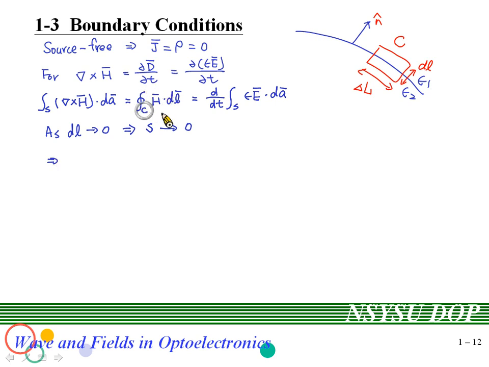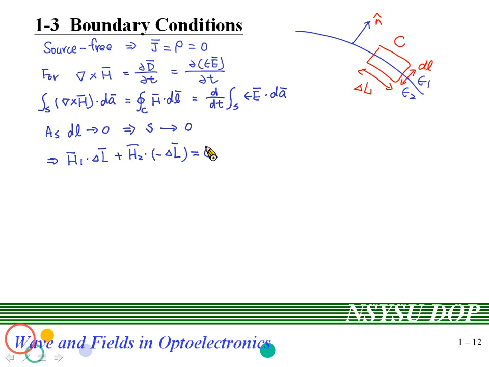So for this closed line contour, we have only the upper side, H1 dot delta L, plus H2 dot delta capital L. Since the directions of these two sides are opposite, this one will be minus, and the total will be 0.